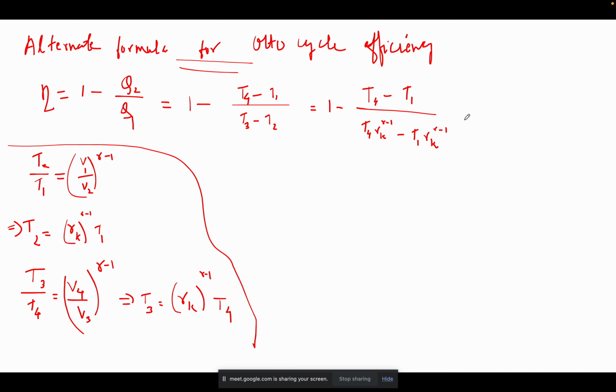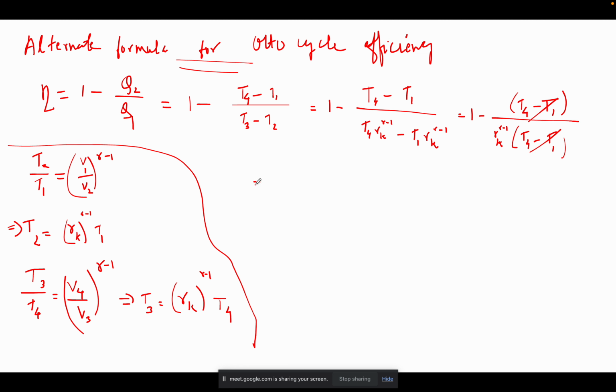Okay, now the numerator we will put as it is. We will not put any change. From the denominator, I think we can take Rk to the power gamma minus 1 as common. From here we will get this as T4 minus T1. Now this will get cancelled out.